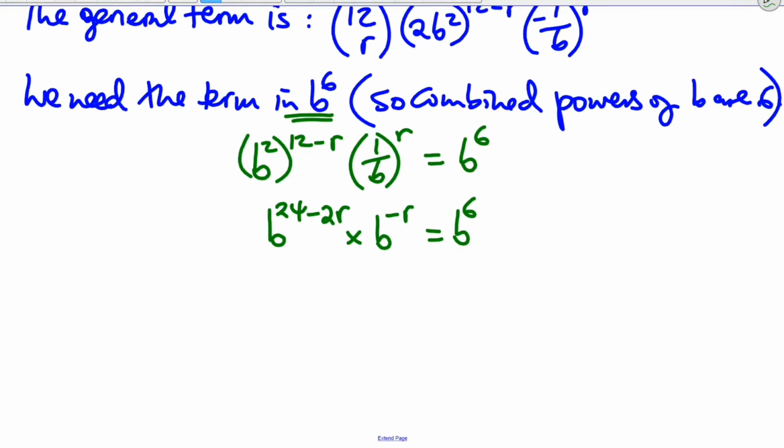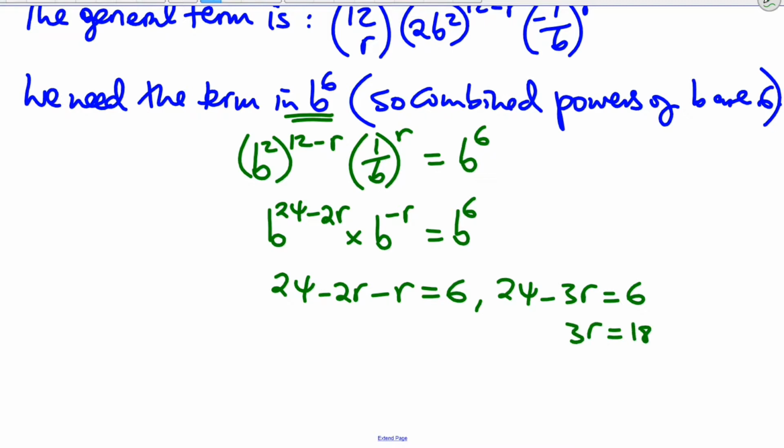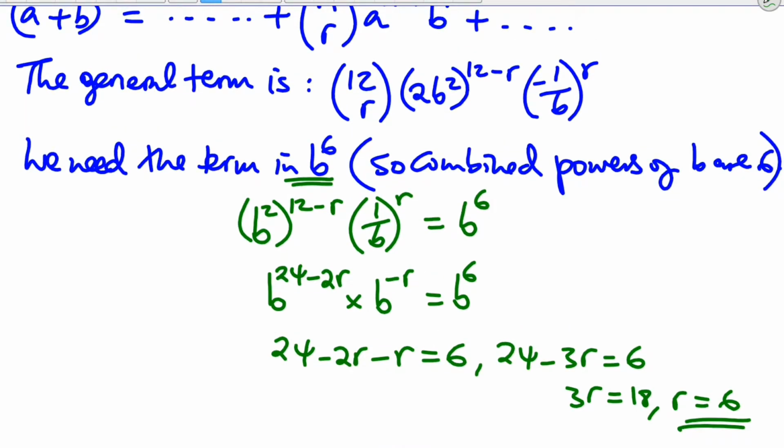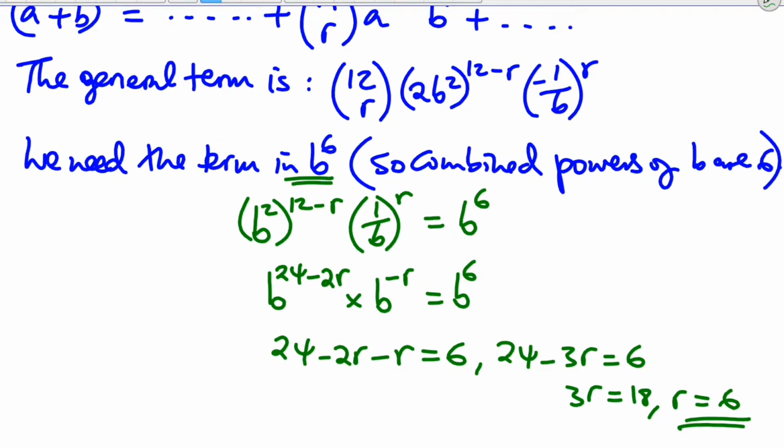If we just focus on powers of b, we have 24 minus 2r minus r equal to 6, which means 24 minus 3r is 6, and therefore 3r is equal to 18, and r is equal to 6. So given that r is 6, we can plug 6 into the general term.